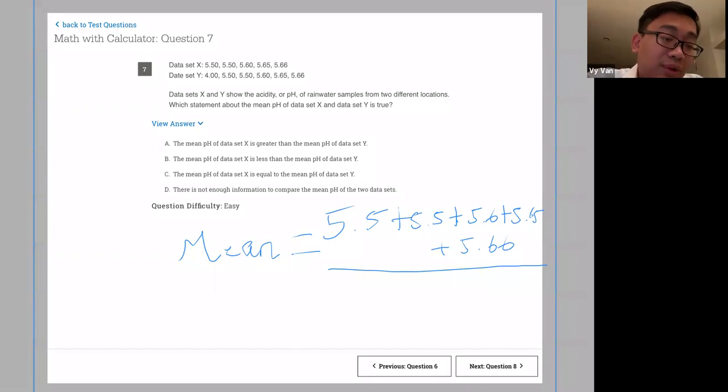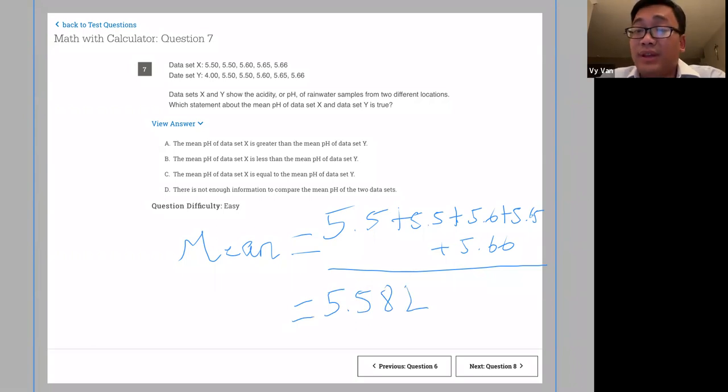So we use my calculator. 5.5 plus 5.5 plus 5.6 plus 5.65 plus 5.66. So that is equal to 5.582.